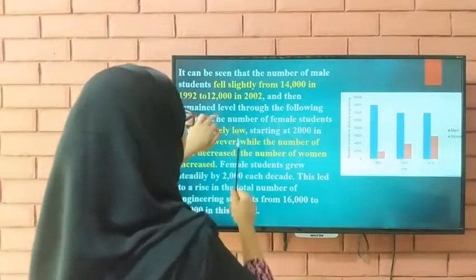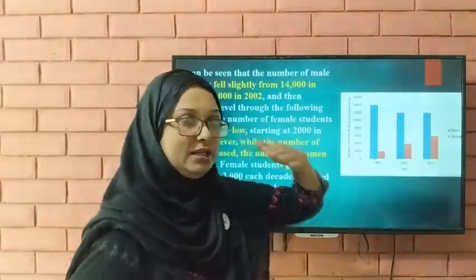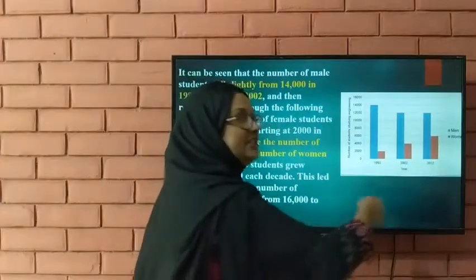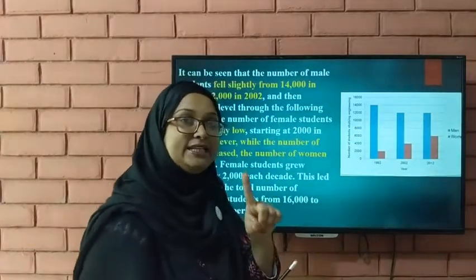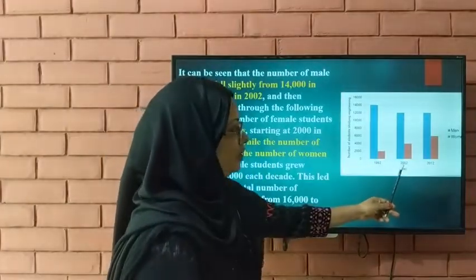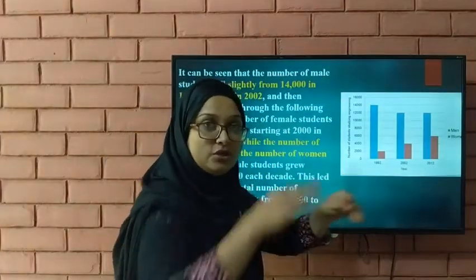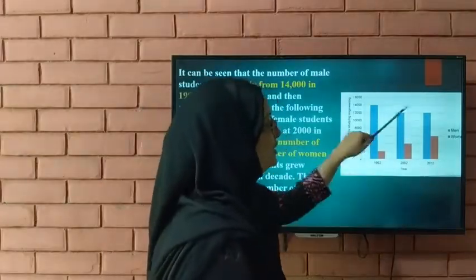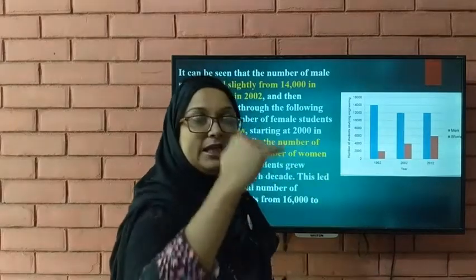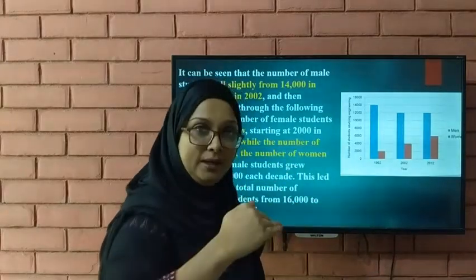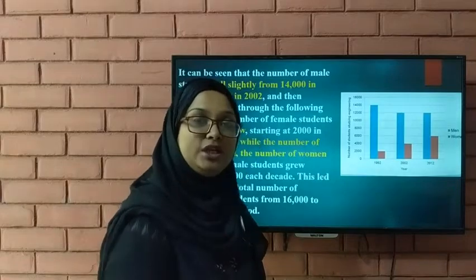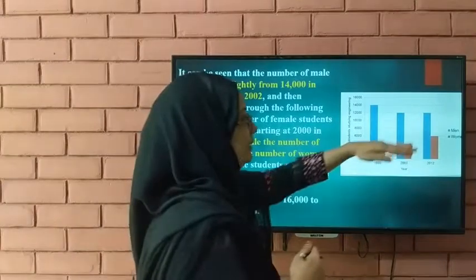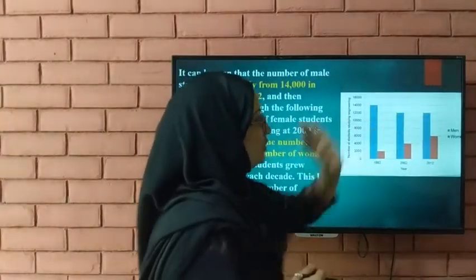And then remained level, তার মানে একদম এক সমান, through the following decade. Decade means 10 years. One decade is 10 years. That means look here 2002 and here 2012. So with an interval of 10 years, it remained the same. The number of men studying engineering in Australian universities, the rate is the same, just the level of 12,000.